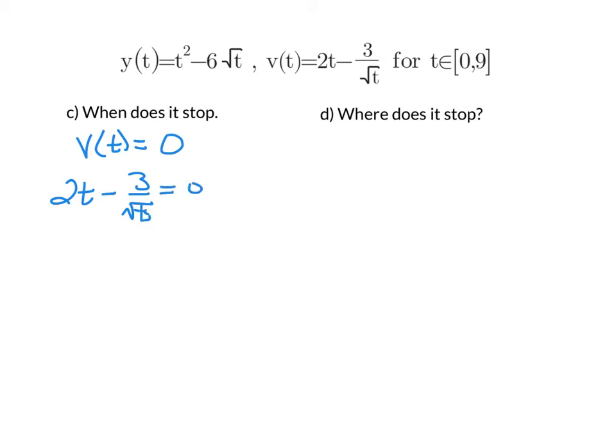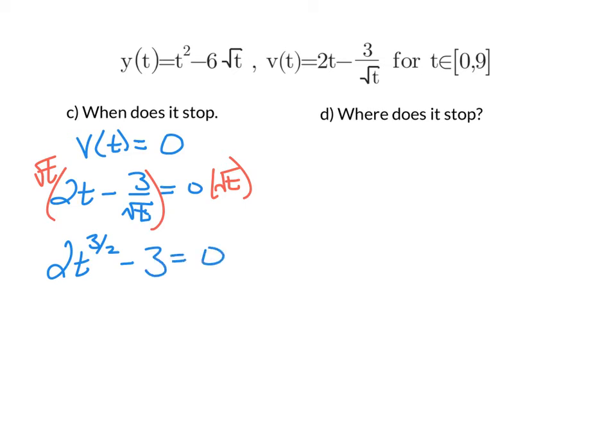So first thing, I'll multiply both sides by the square root of t, and that will get rid of my denominator. So multiplying by square root of t, I got 2t times square root of t, that'd be 2t to the 3/2, minus just 3 is equal to 0. So I'll get the t alone by adding 3 and dividing by 2, and I'll finish this up by taking both sides to the power of 2/3.